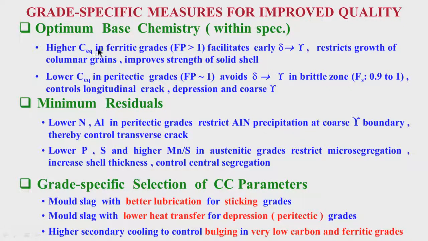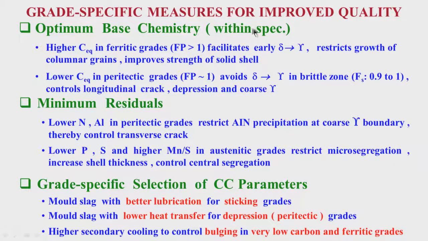How do you use carbon equivalent? You can use slightly more carbon, slightly more nitrogen, slightly more manganese. All these are positive elements in the carbon equivalent, because they are strengthening the austenite rather than the ferrite. So austenite formation will be enhanced by using slightly higher carbon equivalent.